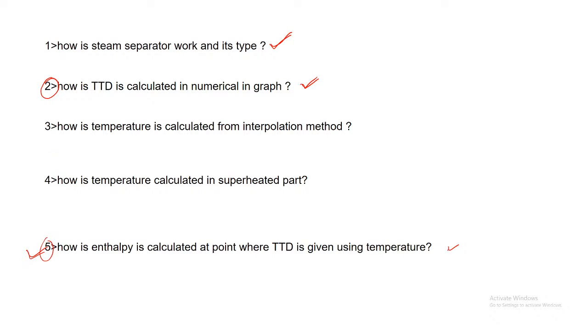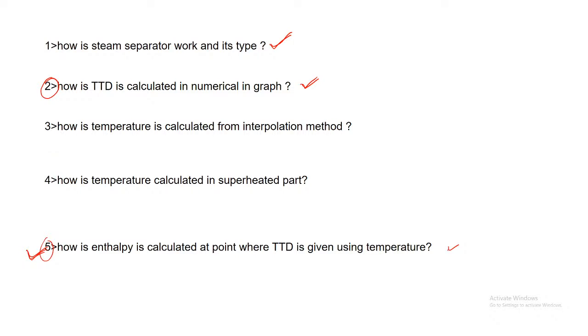Okay, so this is an assumption. We otherwise need to know certain other parameters or constants to calculate the enthalpy of water, but the best thing we can do is, from TTD we know the exit temperature of the feed water heater. We take that exit temperature, consider it as saturation temperature, and then from the temperature part of the steam table we can find the enthalpy.